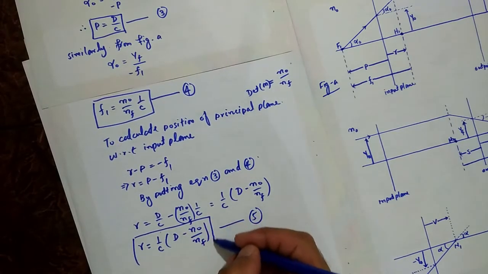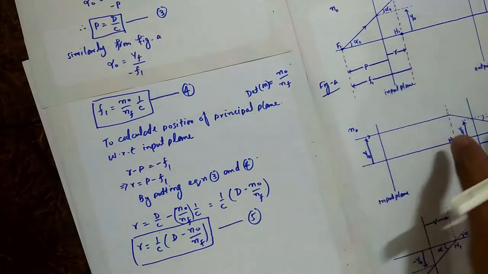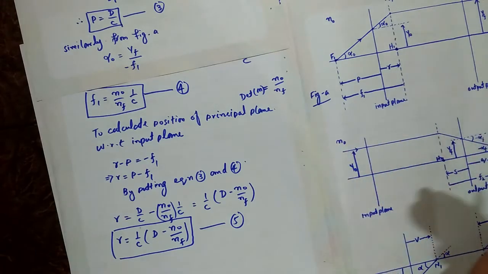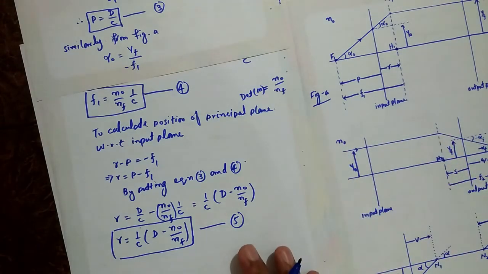So these three cardinal points, the front cardinal points, are calculated. Now we are going to calculate the back three cardinal points.